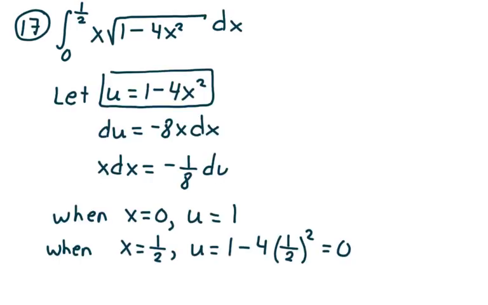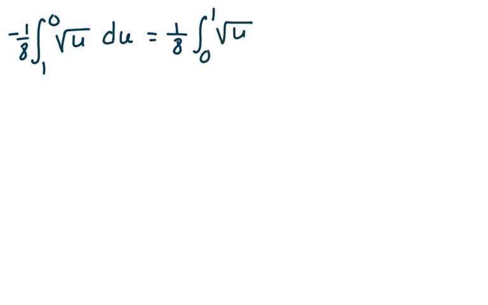Now, I'm going to pull the negative 1/8 out in front, and then I'm going to integrate square root of u du. But this is 1/8 the integral from 0 to 1 of square root of u du. So this is 1/8 times 2/3 u to the 3/2 evaluated from 0 to 1.